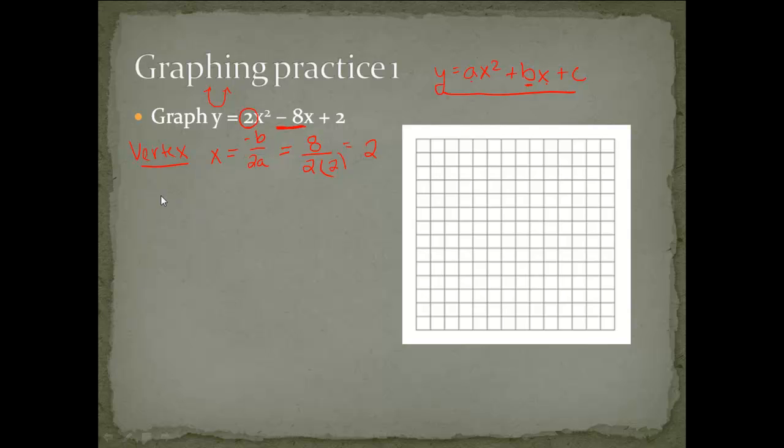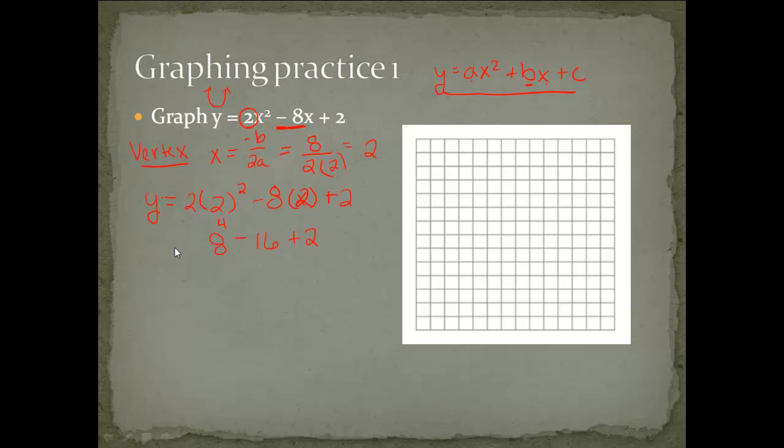I need to find the y-coordinate. So to find my y-coordinate, I look at my equation, and it says y equals 2 times x squared. I'm going to plug my x value back in there, in all of the x's. And then I can go ahead and evaluate it. So 2 squared is 4. 2 times 4 is 8. 8 times 2 is 16.